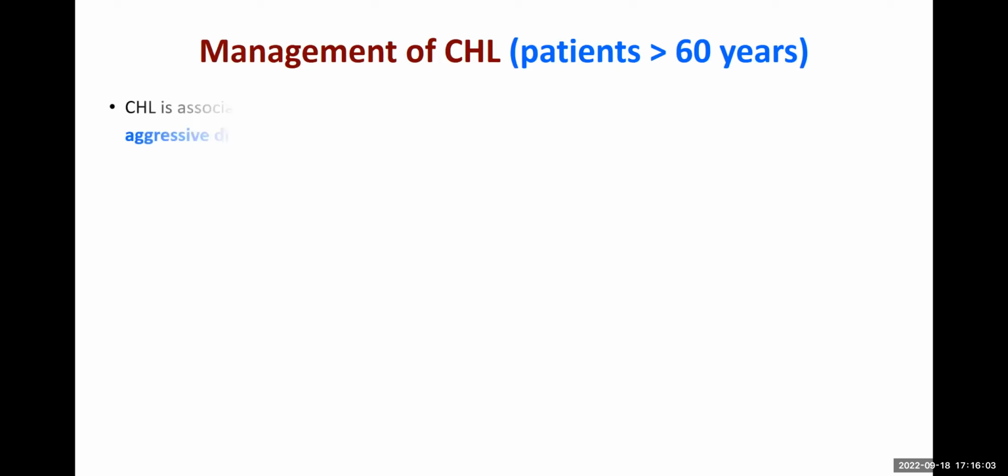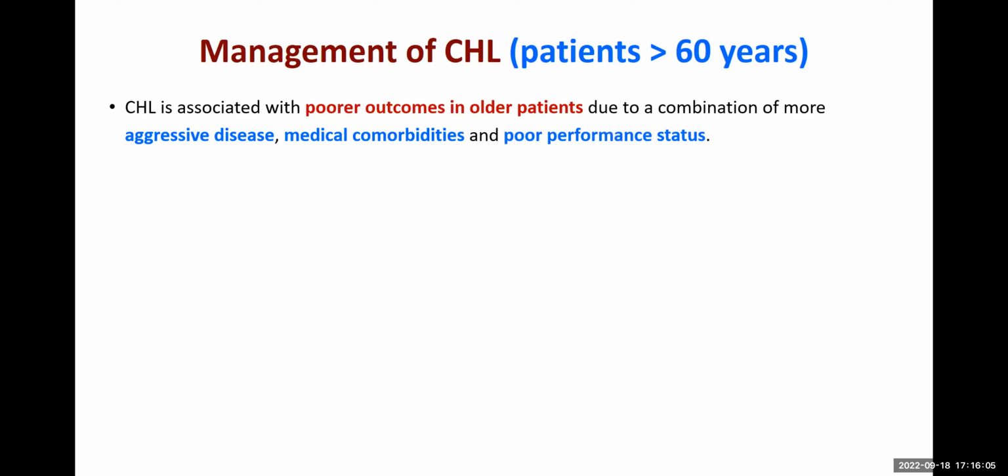Now patients above 60 years, we have to give them intense therapy. Classic Hodgkin lymphoma is associated with poorer outcomes in older patients due to combination of aggressive disease, medical comorbidities. You know, these older patients, they have got heart problems, they have got hypertension, they have got diabetes, they may have got some lung diseases, particularly those who have been smokers.